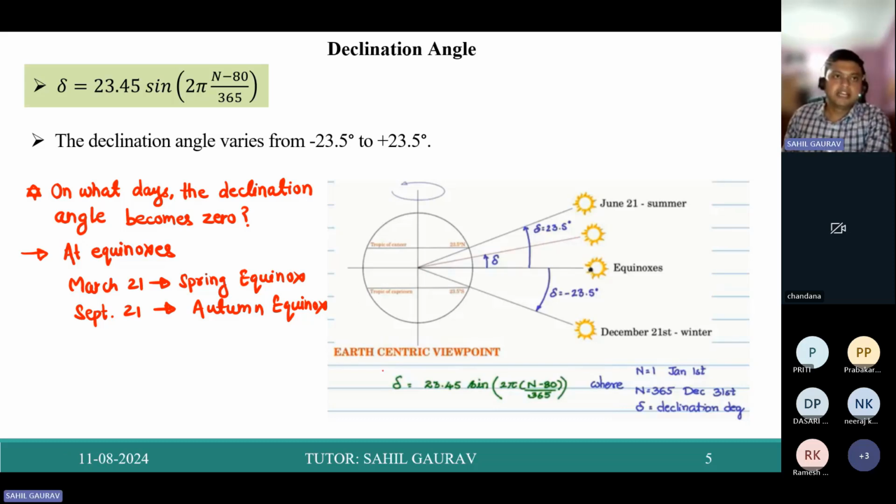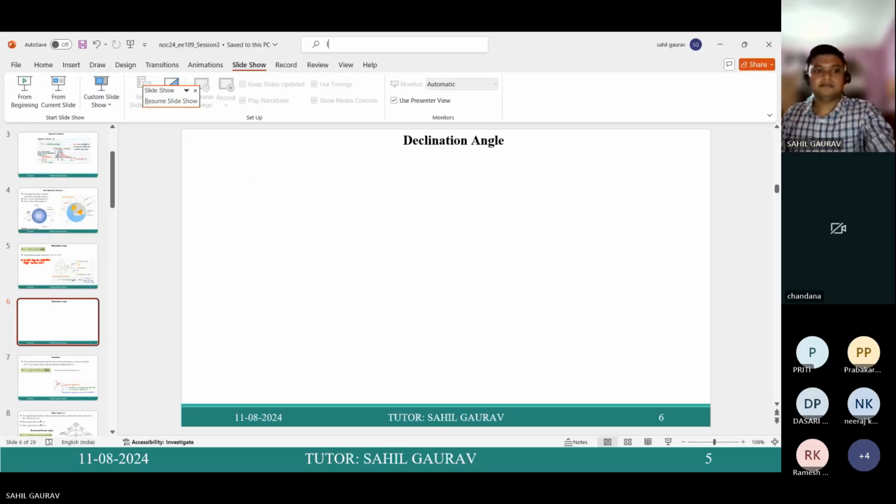And now you can also verify from the declination angle formula. How can you verify? The declination angle is 23.45 sine of 2 pi times n minus 80 upon 365. In order to make the declination angle 0, this sine term should be 0.